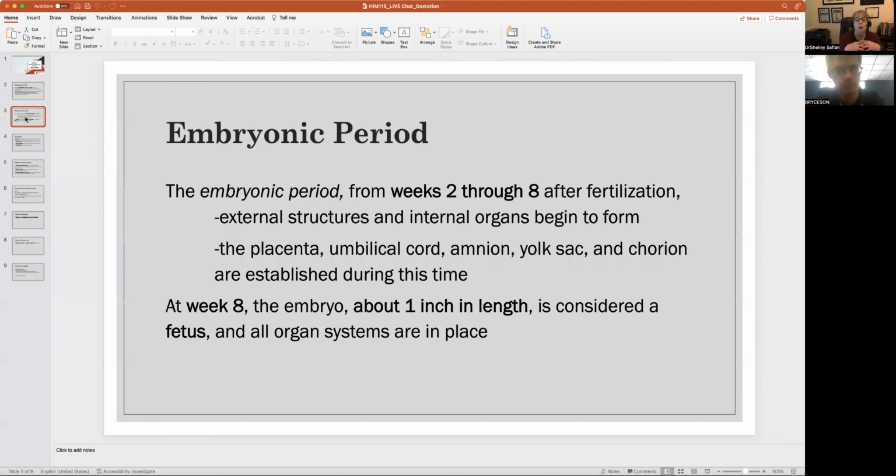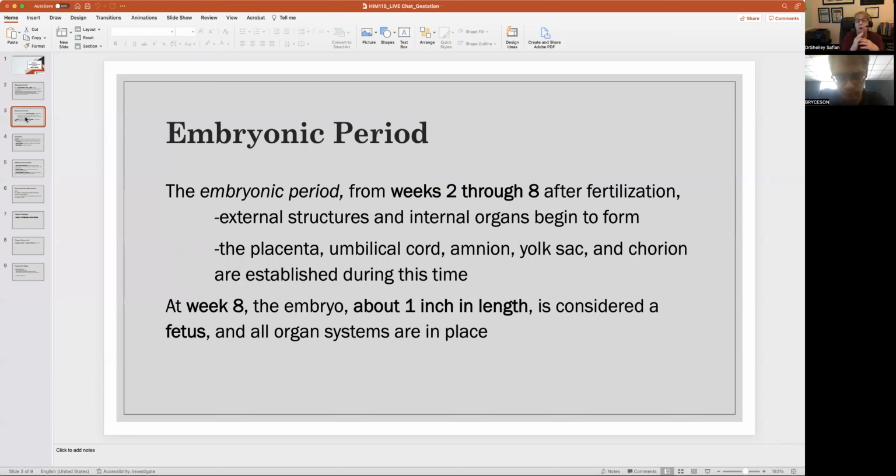Okay, so when we get to week 2, once the egg is fertilized, it will continue down the fallopian tube into the uterus and embed itself into the wall of the uterus. Okay.